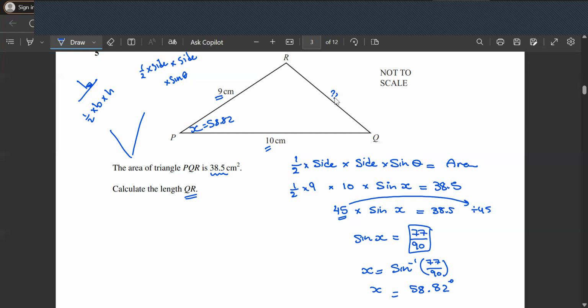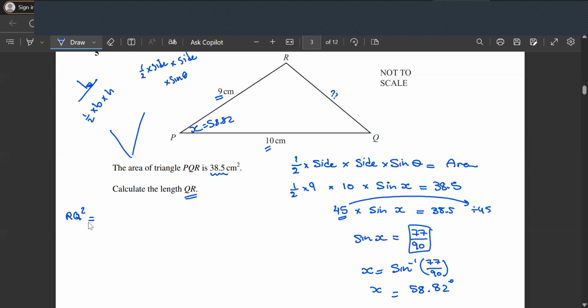But how should I decide whether to use the sine rule or the cosine rule? We said that if we have only one complete ratio, what is the meaning of one complete ratio? If I have a side and its opposite angle, directly use the sine rule. Here I don't have any of these, so I will use what? The cosine rule. RQ squared equal.